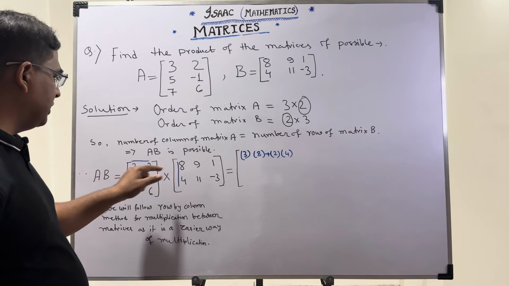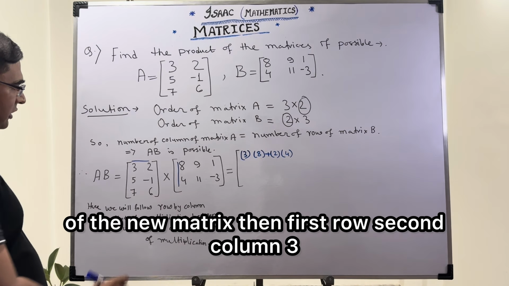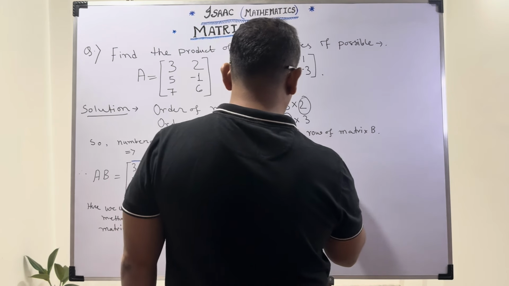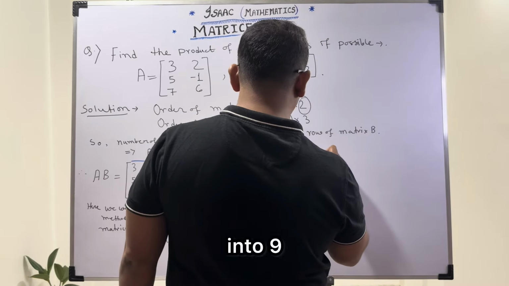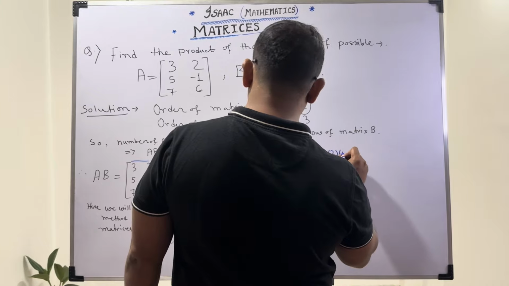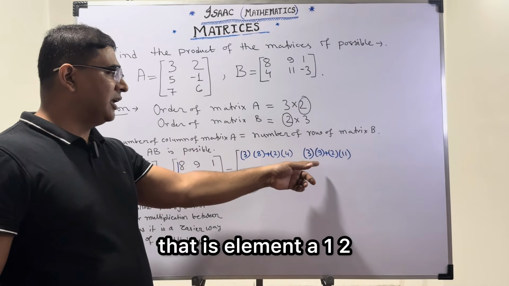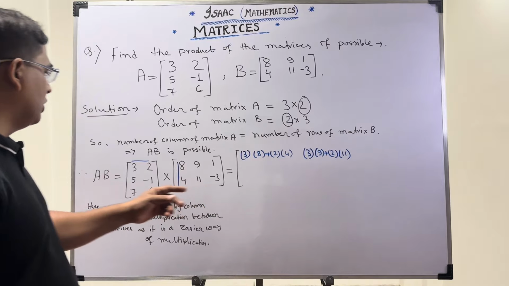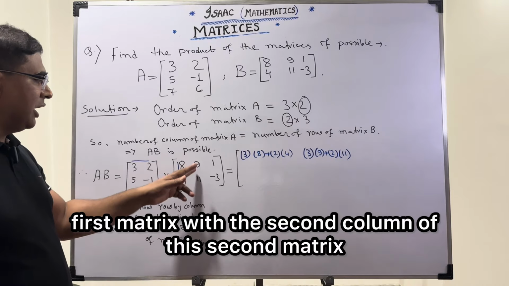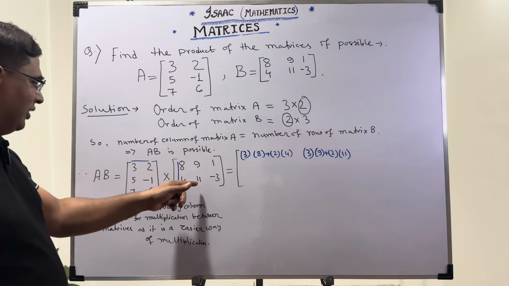Then first row, second column: 3 into 9 plus 2 into 11.